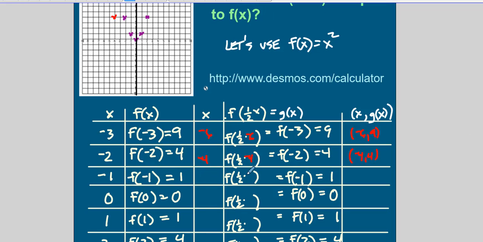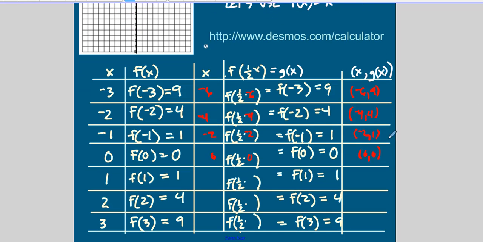But to get -1 here, I use -2, because -2 times a half is -1. So we now have -2, 1. So that puts us out here. Then 0 doesn't change again, so 0 squared is 0. So 1/2 of 0 is 0. So we have 0, 0 again. And that point doesn't move, it stays on the y-axis.